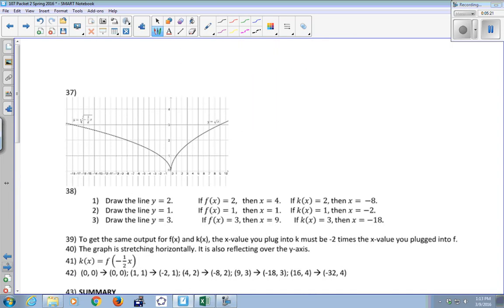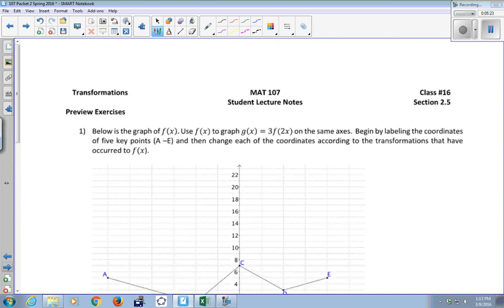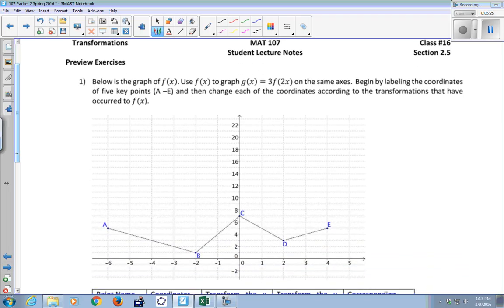Okay, so if we jump to today's preview exercises, we're going to be applying that summary. I have this piecewise graph, where A, B, C, D, and E are the important points, and I want to sketch a transformation g of x, which is 3 times f of 2x.